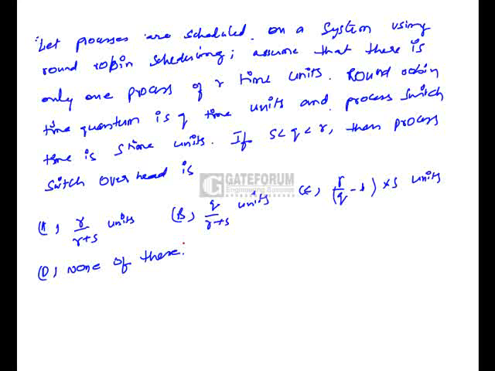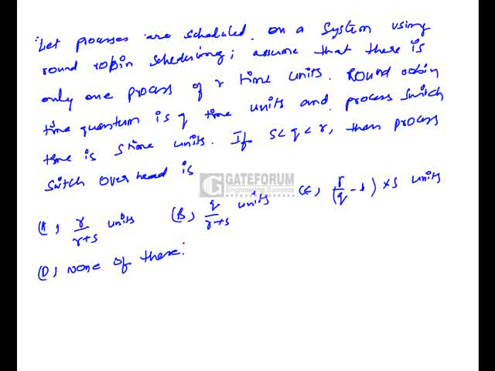Here there is only one process, so its burst time is R time units, the scheduling algorithm is round robin with time quantum Q, and the context switch time is S, and the time quantum lies between the switch time and the burst time of the process.